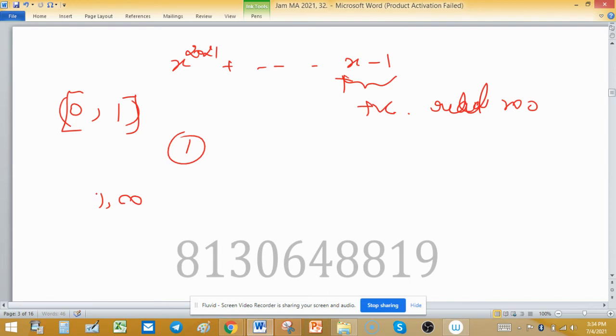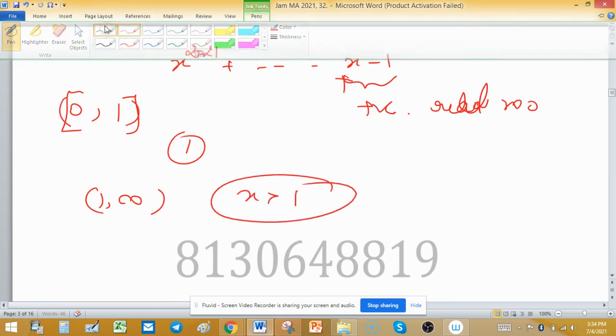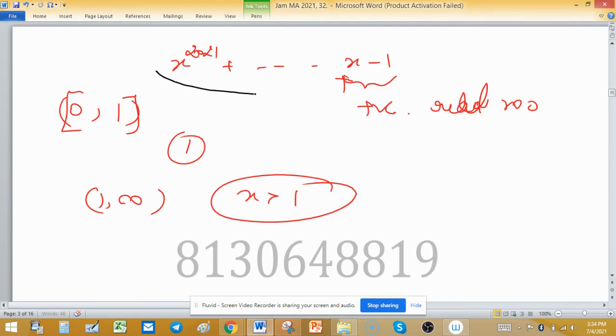Now over the interval 1 to infinity, that is x greater than 1, the value of these terms will be positive, and how much?